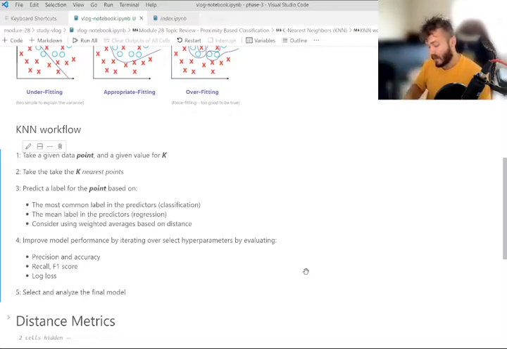And again, this is basically the same as what you saw in the last video. So we have our precision, accuracy, recall, F1 score. In this module, I don't think I've talked about log loss before, but that was another metric that we used for the KNN models at least, to measure the predictive capability of the model.